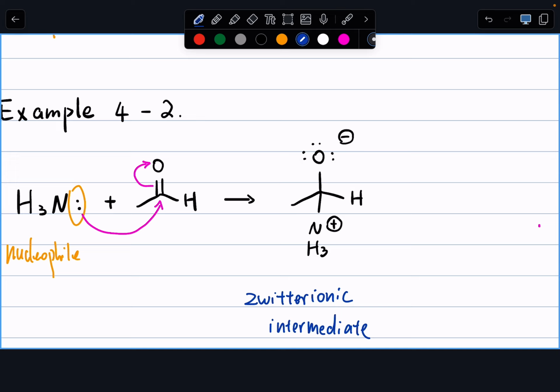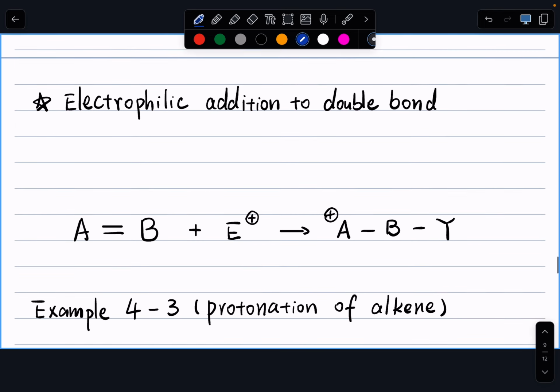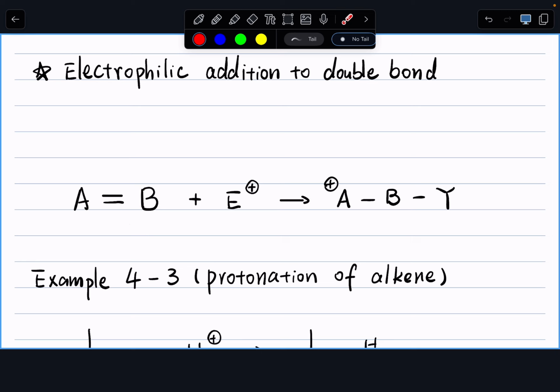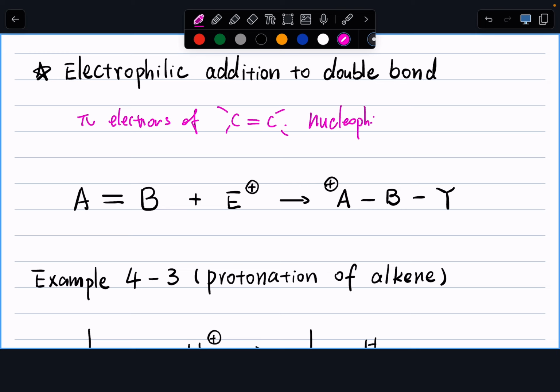All right, and one more type of elementary step we'll commonly see in organic chemistry, which is again a double bond. In our previous discussion, we were talking about the pi electrons of this AB double bond, maybe like a carbon-carbon double bond, which can also act as a nucleophile.